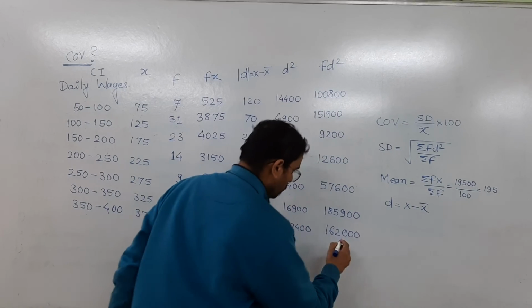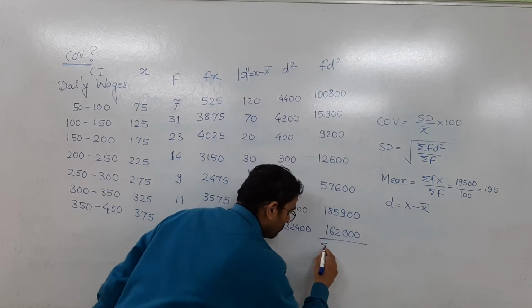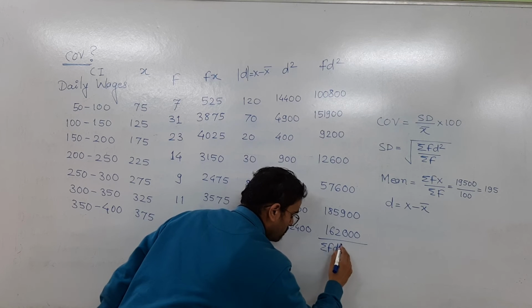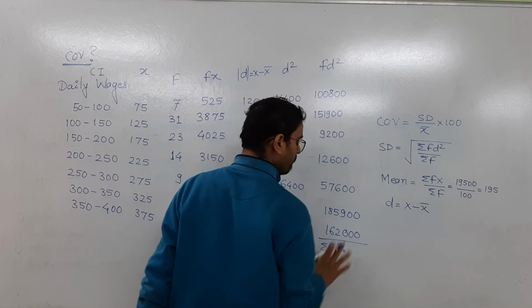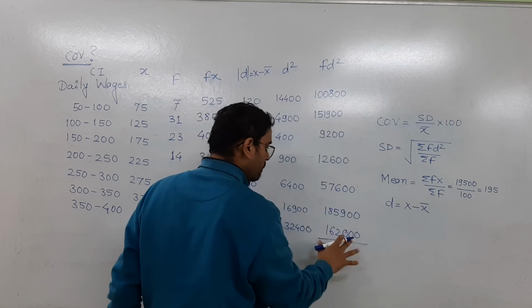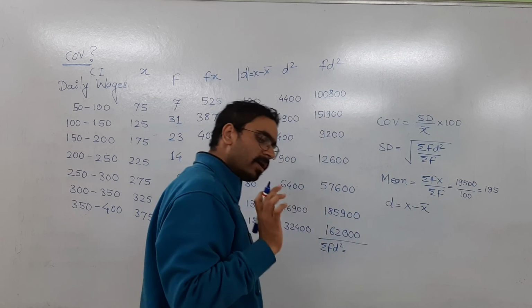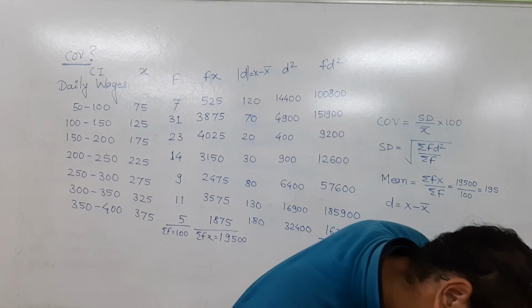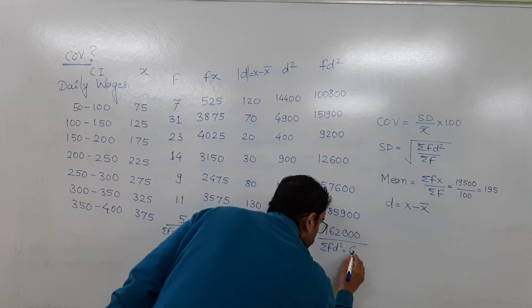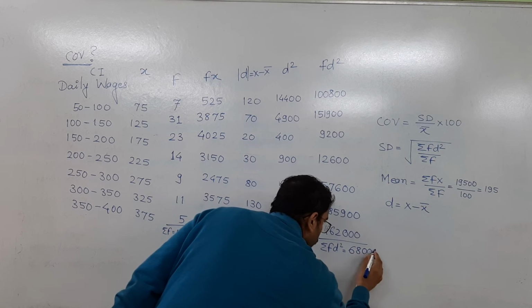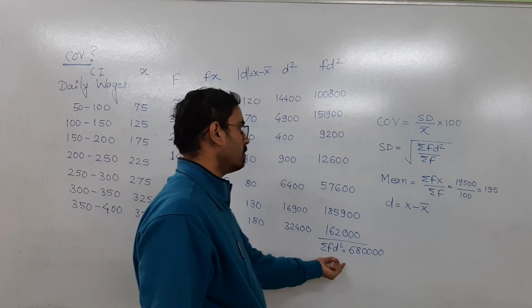Now we have to sum, that is summation F D square. That value is required because we have to put that value here. So just add these terms. I am directly writing it. 680000 will be your value.